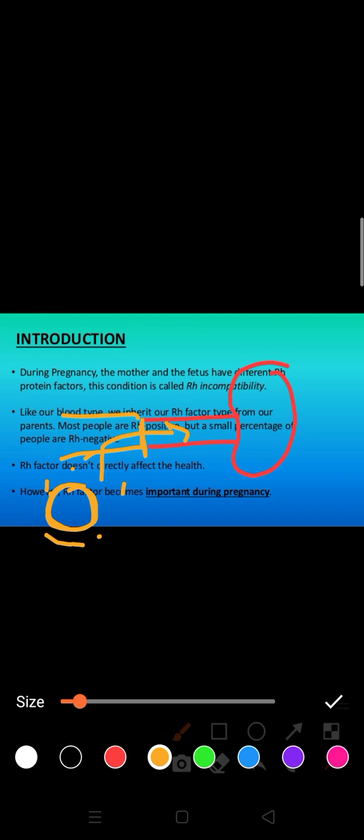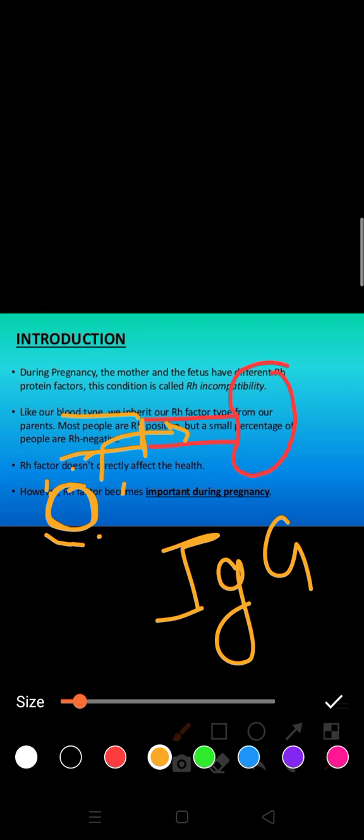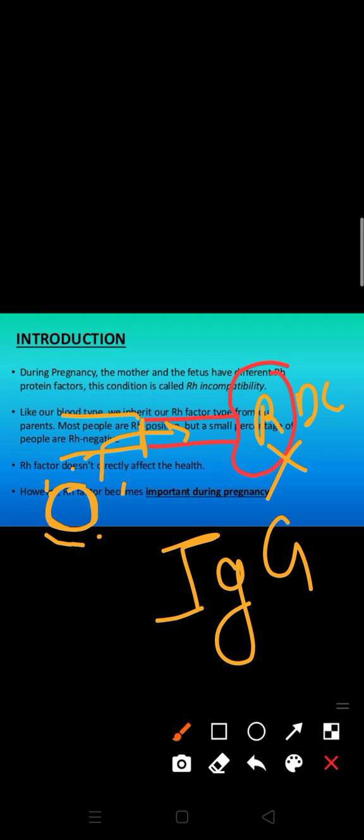This barrier is not that permeable, but these Rh antibodies are IgG, immunoglobulin bodies, and these can pass from the placenta of the mother to the baby. So the antibodies directly go inside the fetus, and they start destroying the RBCs even before the baby's growth. That's why in a second pregnancy the baby will not survive.